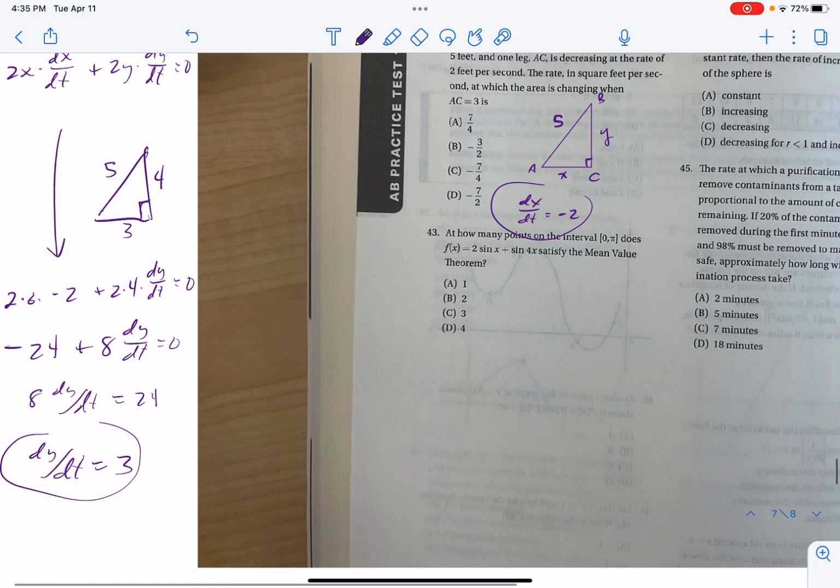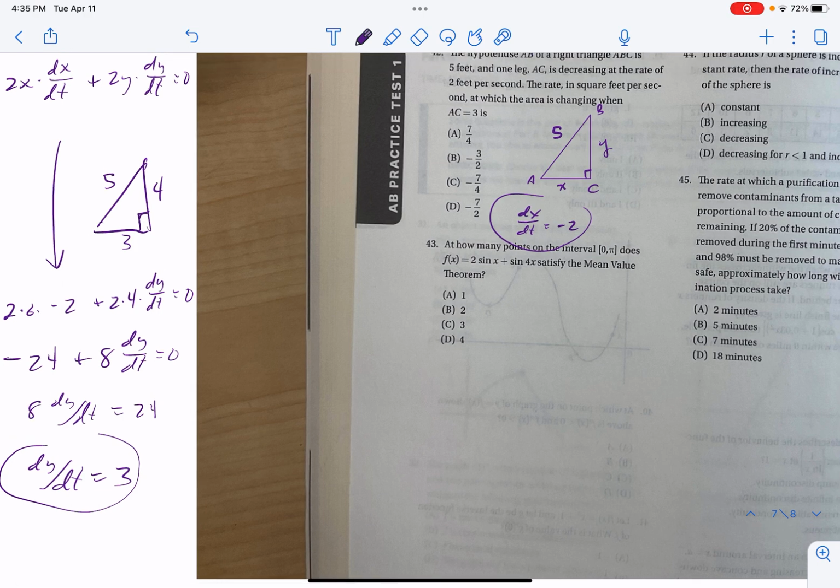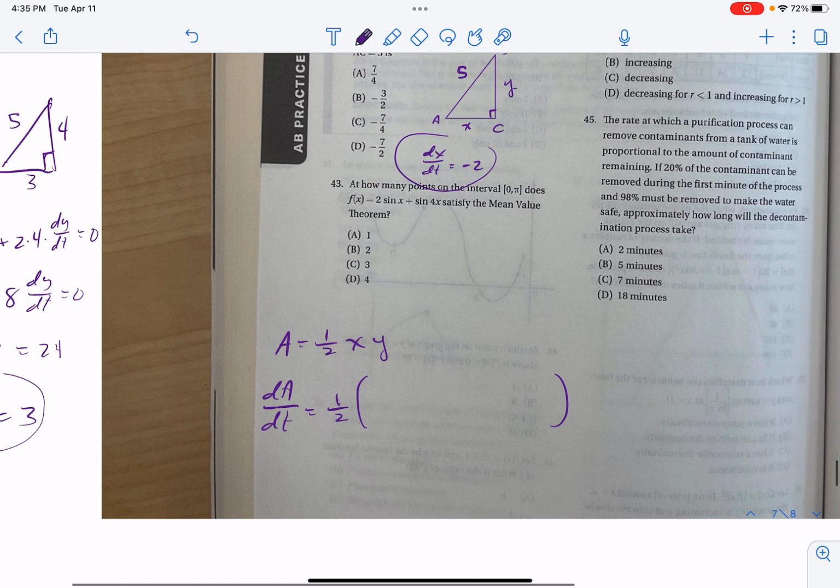So now we want to find the rate at which the area is changing at that moment. Area is 1/2 times base times height, which is 1/2 times x times y. So the rate at which that's changing, right? x and y are both functions of time. We have to do product rule. First times derivative of the second. I usually do the other order. That's okay.